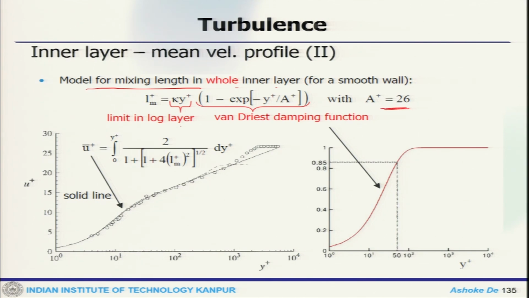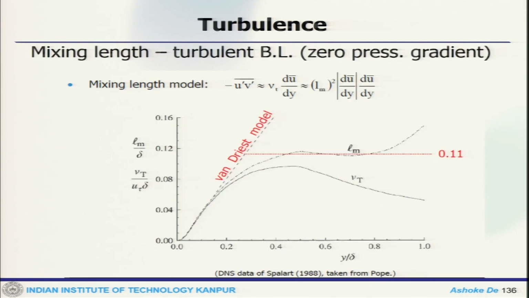There is also evidence from measurements and simulations for this kind of profile. Now, if we look at the mixing length boundary layer, which is the zero pressure gradient case, then the mixing length model gives you the Reynolds stress, of the order of nu t times the velocity gradient, which one can write as Lm square times the magnitude of the velocity gradient times the velocity gradient.